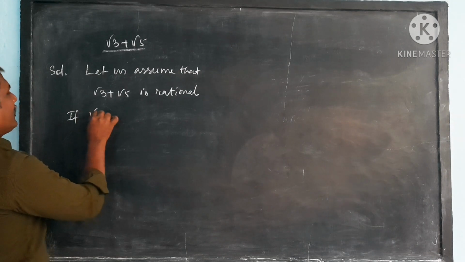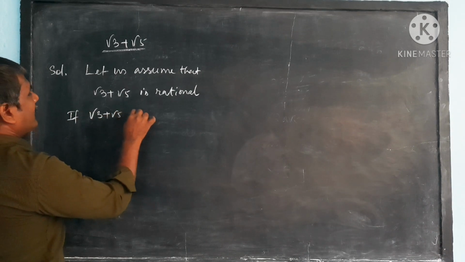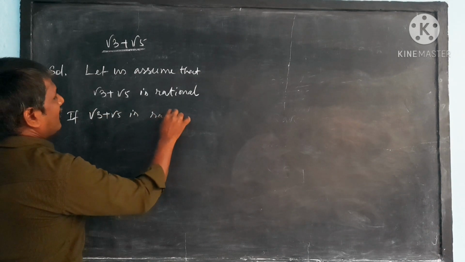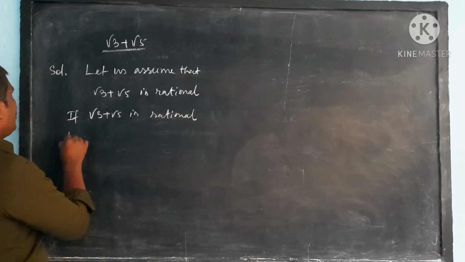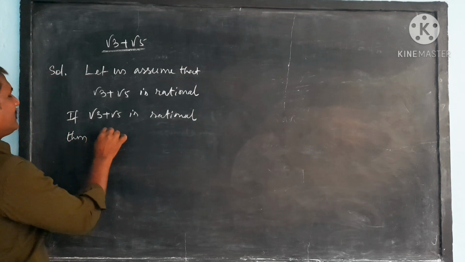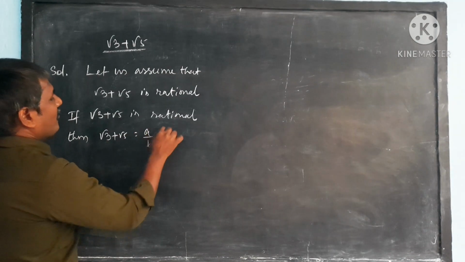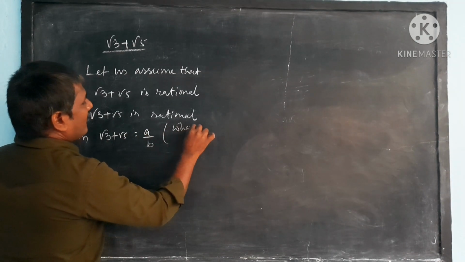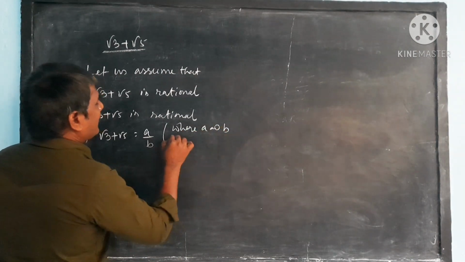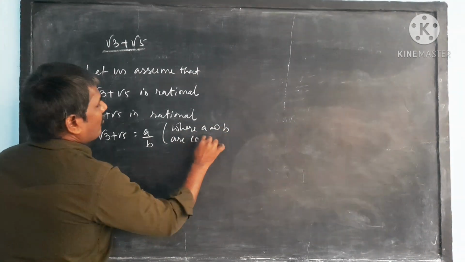If root 3 plus root 5 is rational, then you can write root 3 plus root 5 is equal to a by b, where a and b are co-primes.